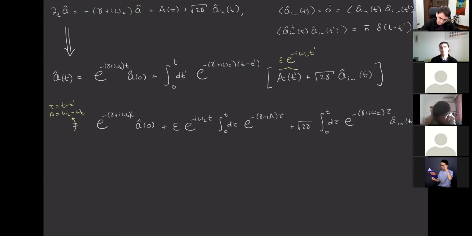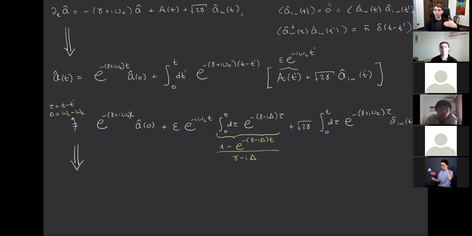Okay, so now this integral, it's trivial to work out. So you know that this integral is just 1 minus the exponential evaluated at time t divided by gamma minus i delta, the exponent. And therefore, we reach the final solution.